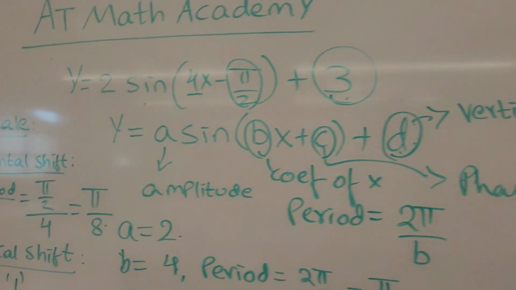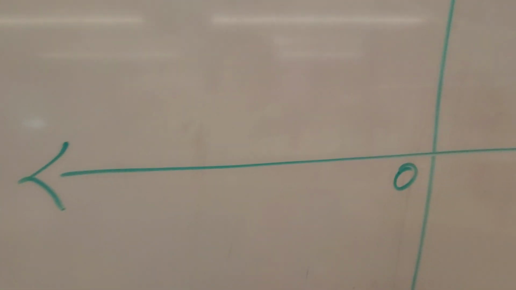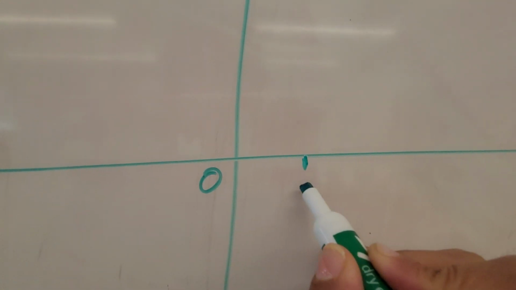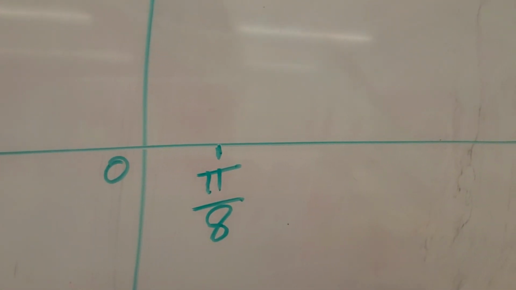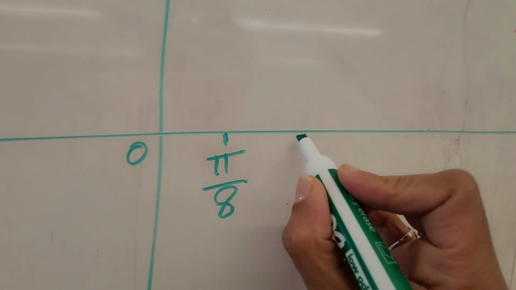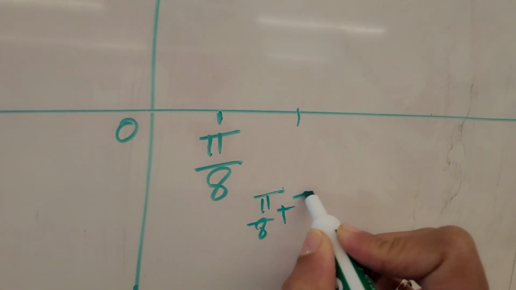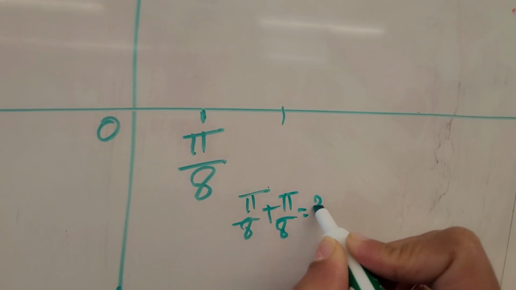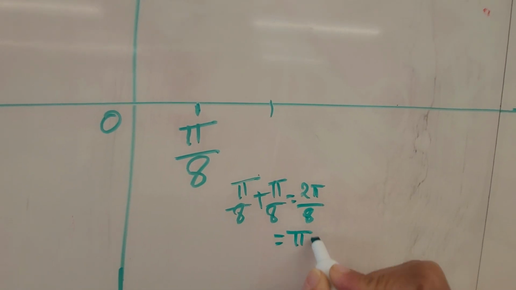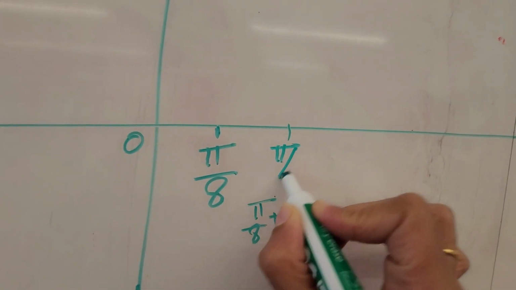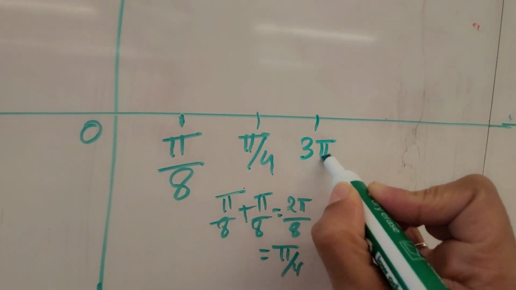As you can see, the horizontal unit is pi by 8, so I'm applying that here. Let me mark my first unit as pi by 8. The second point is pi by 8 plus pi by 8, which is 2 pi by 8, and when I simplify, it is pi by 4. For the third, it is 3 pi by 8.